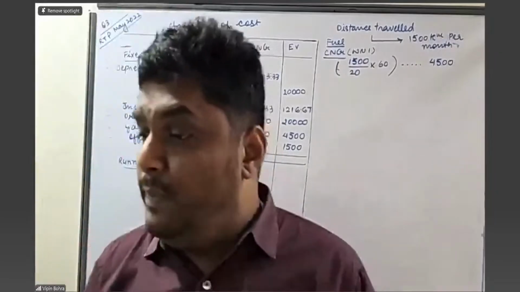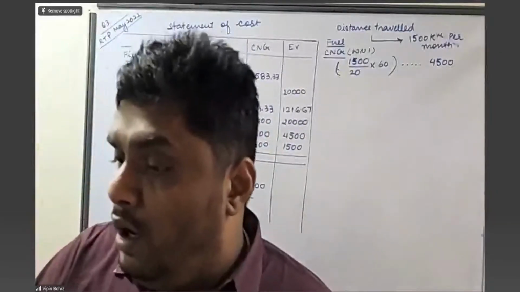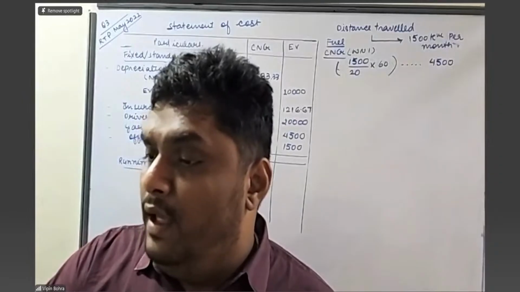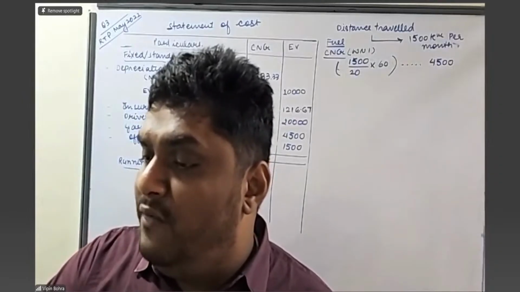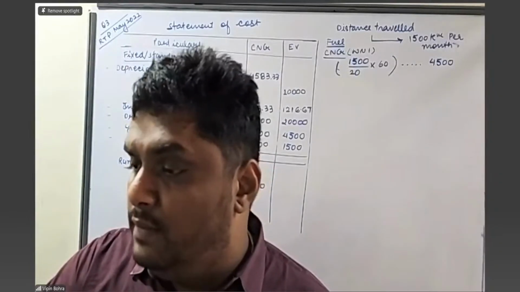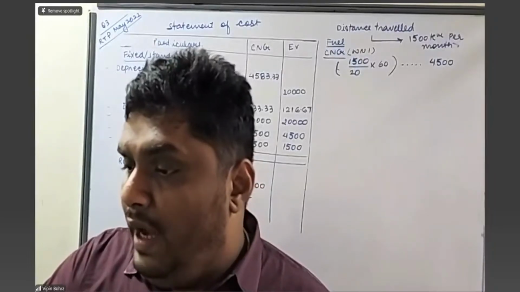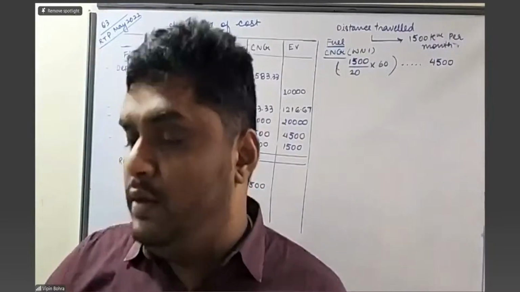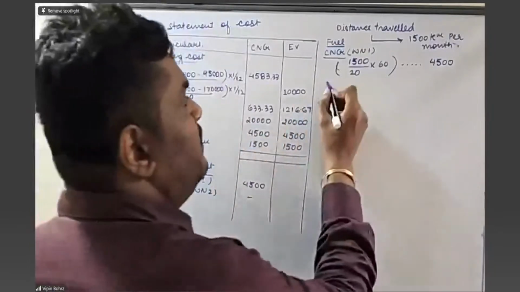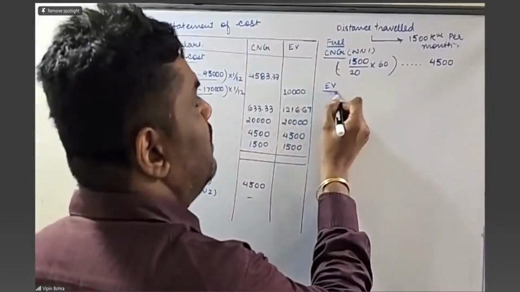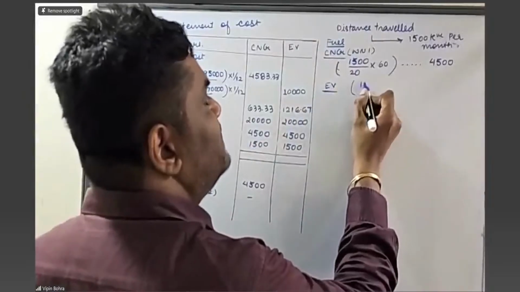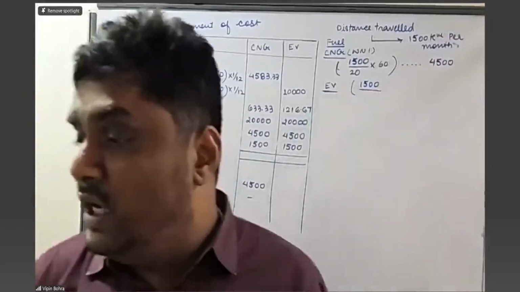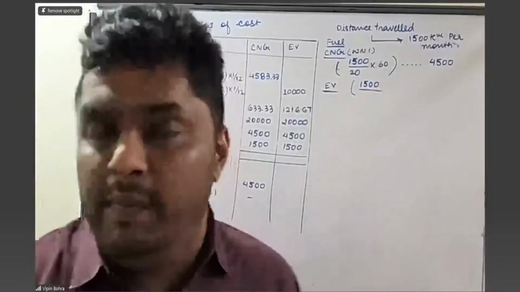So when talking about the power cost, the mileage is 240 kilometers per charge for EV, and the electricity consumption per full charge is 30 kilowatt, and the rate of power is 7 rupees 60 paisa per kilowatt. So very simple, guys. When talking about EV, again the distance traveled is 1500 kilometers, and in one full charge they run for 240 kilometers.